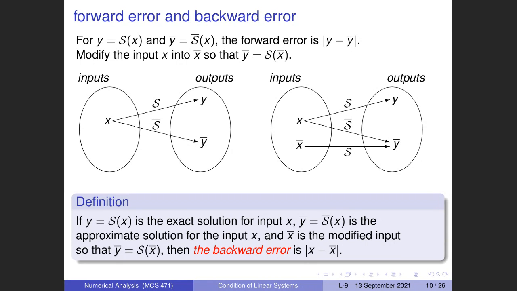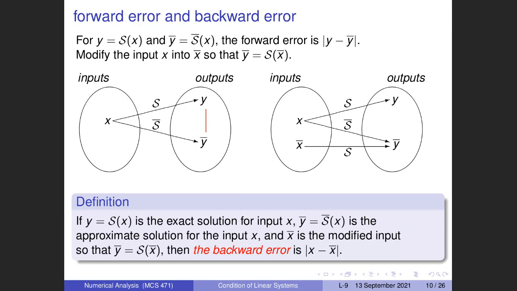We have a space of inputs and outputs, and we want to know the difference between the outcomes, the exact outcome and the computed outcome. We also essentially never work with exact arithmetic, but we have round-off errors. So S bar is our solution map that is executed by a numerical algorithm.